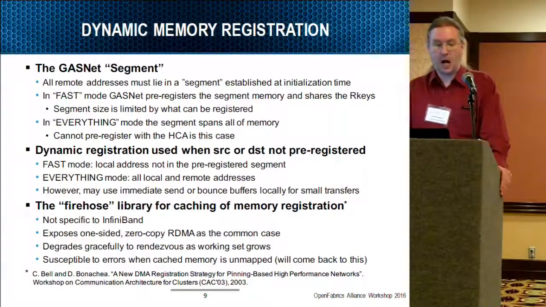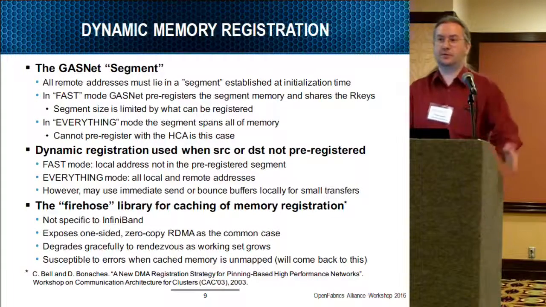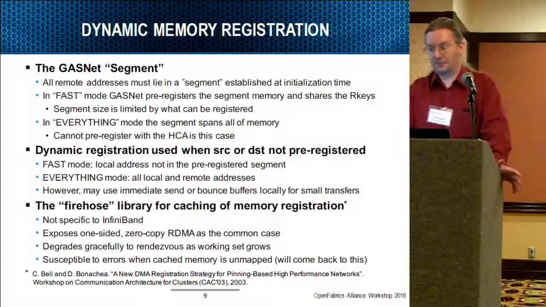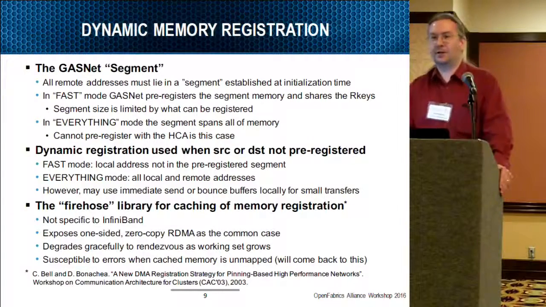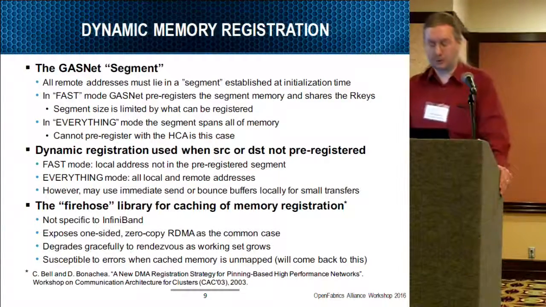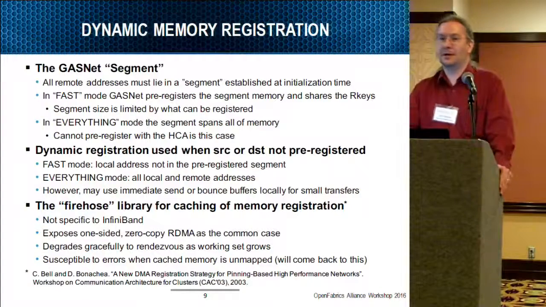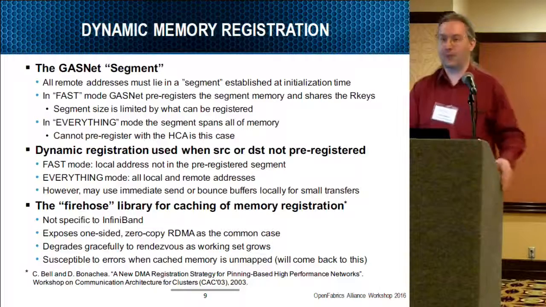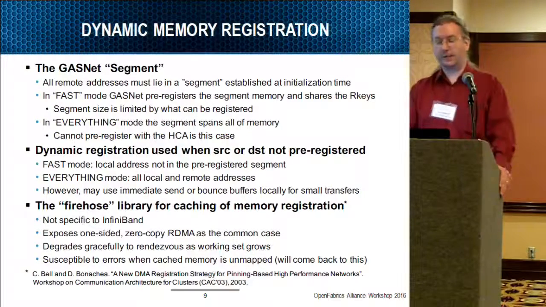However, we also have what's known as an everything mode, where there is no specific range. Essentially, the whole address range is your segment. Obviously, you can't pre-register that with the HCA because the resources don't exist to instantiate a page frame for every bit of the virtual address space, and we don't know necessarily at initialization time what later addresses your malloc or mmap or whatever is going to allocate.